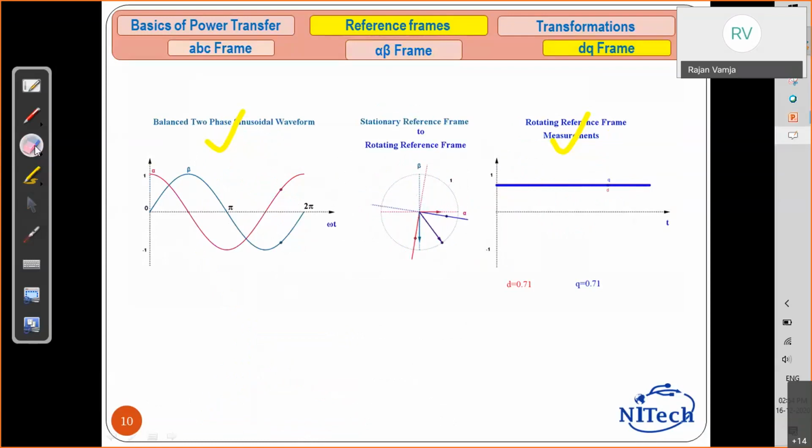Can anyone speak 2 or 3 lines about this slide, please? Okay.